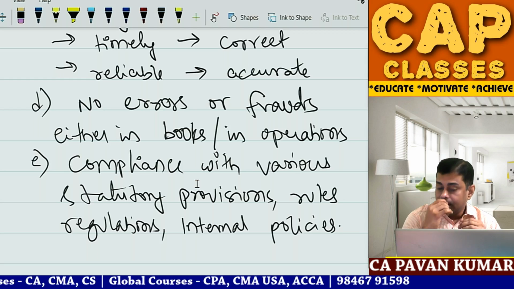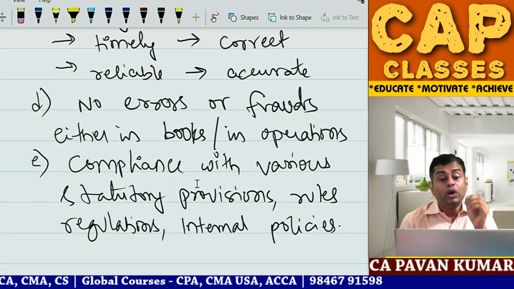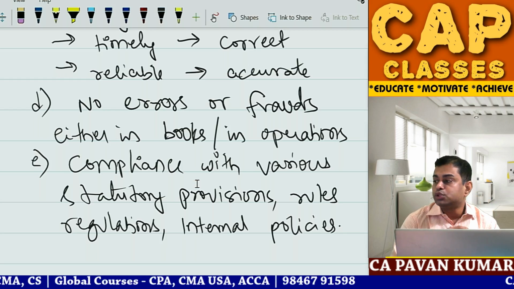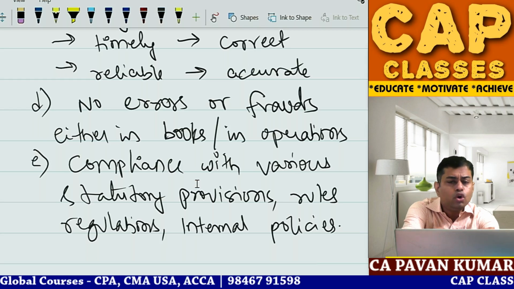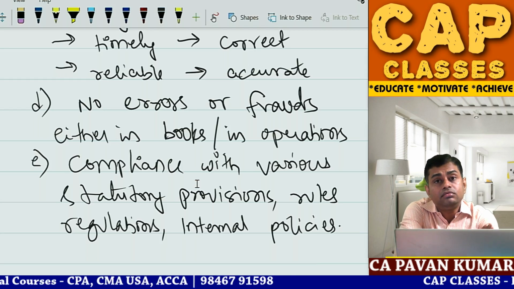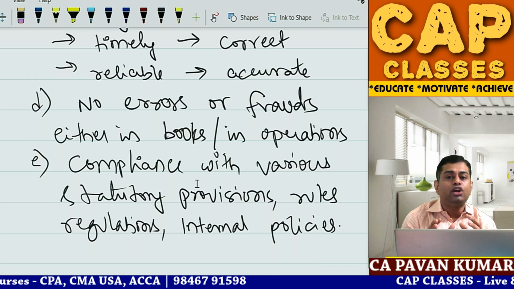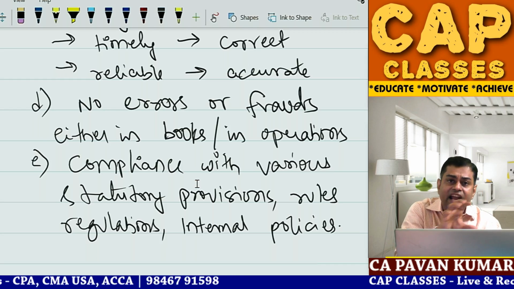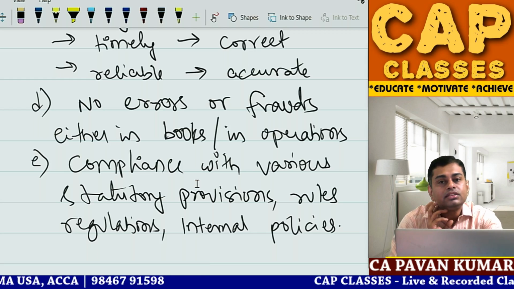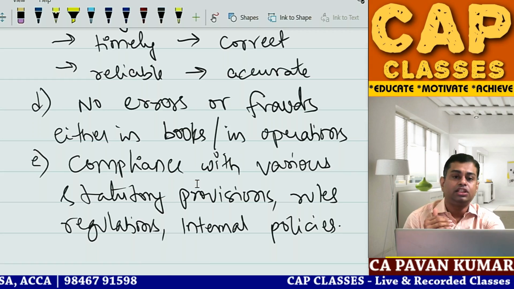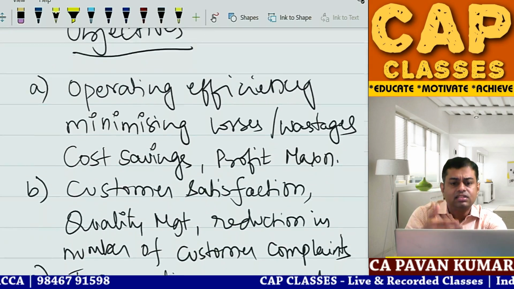You understand? Now, the question is, one student will ask, Pavan sir, you told beautiful points. There are some 20-25 points I told which are grouped into A to E, 5 points. How can I achieve this? You tell me, any organization has all these objectives.